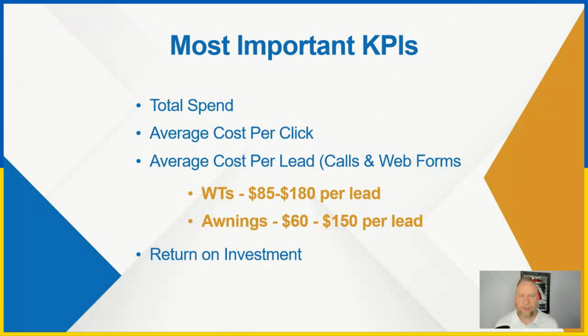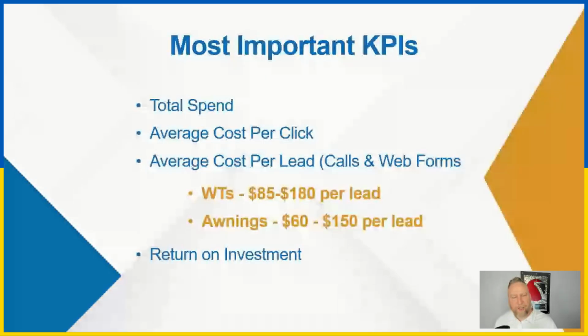For window treatments, these numbers are actually probably a little bit low right now, with the way that the economy has been. Pre-election, I should say, we had clients paying $200 and $300 per lead because it was quite competitive. It's definitely relaxed a little bit now, but $85 to $180 is good for a cost per lead, with the idea that as you continue to do A/B testing and optimize, you drive that number down.